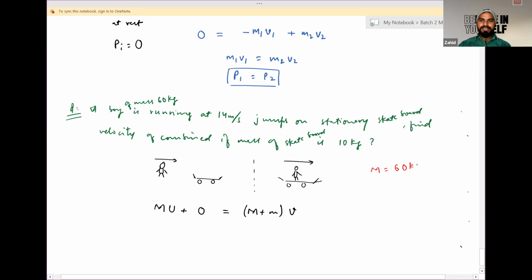Mass of boy is 60 kg. Mass of a skateboard is 10 kg. Initial velocity is 14 meter per second. Good, Samira.